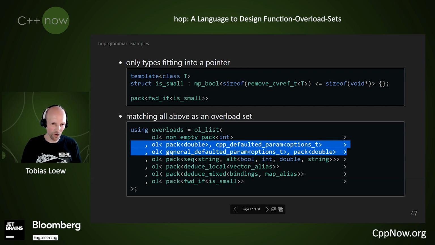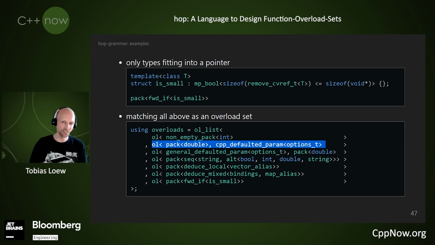But if you remove one and call it with only doubles, then the one left will be called and not the one with the int overload, because now we have a real double matched by a double, and that's a perfect match, and it's better than implicitly converting a double to an int.